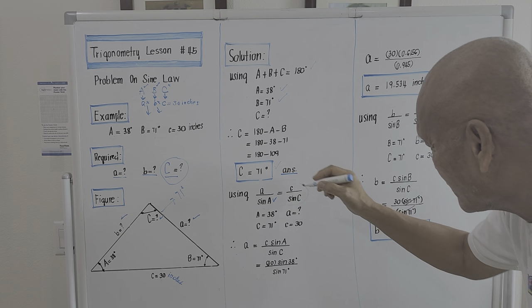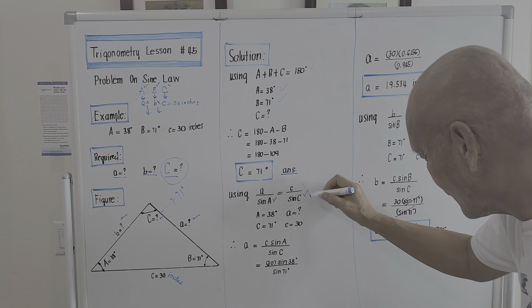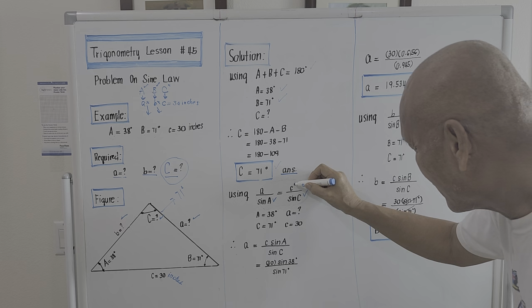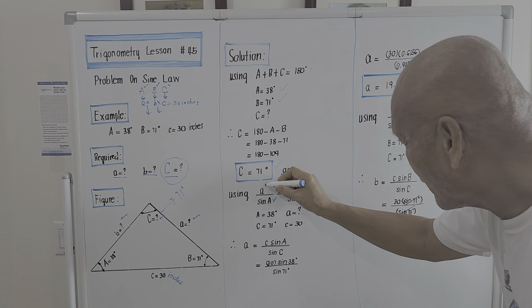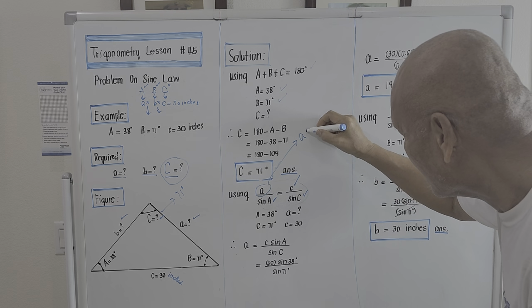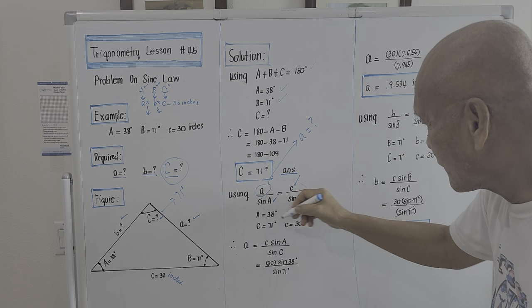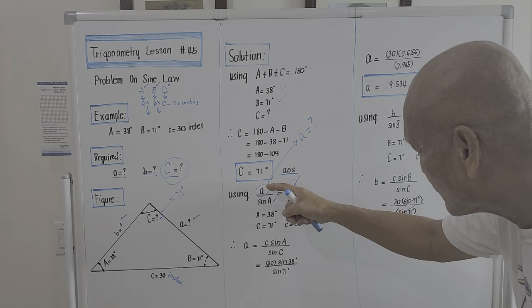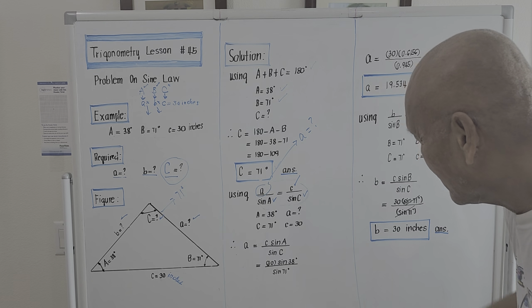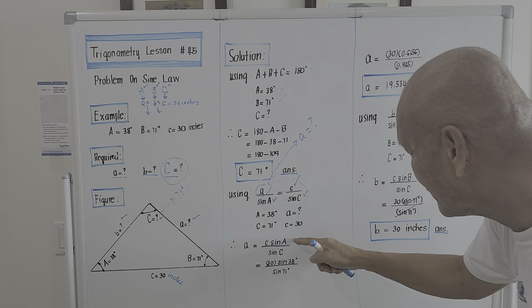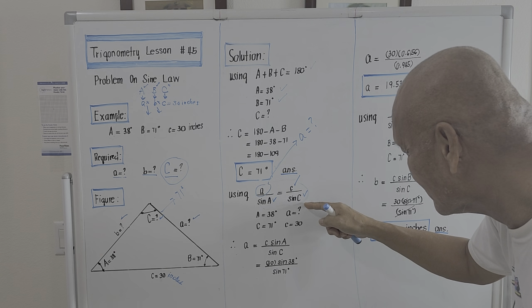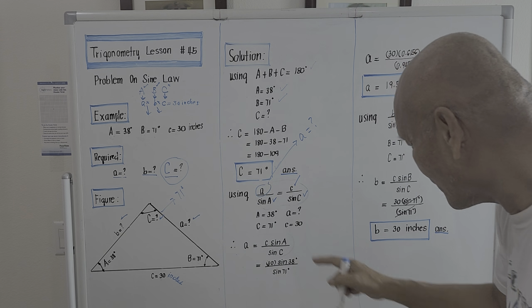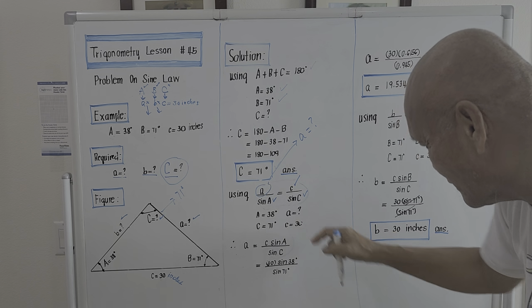We have computed already the value of angle C, so we could take the sine of that angle C. The only unknown now is side A. By using this sine law equation, we could compute for side A. Manipulating this one, A should be the product of C and sine A, divided by sine C. We manipulate the sine law equation to compute for A, that is C sine A over sine C.